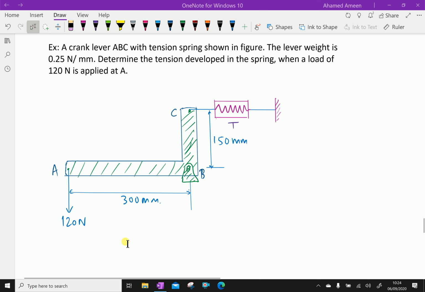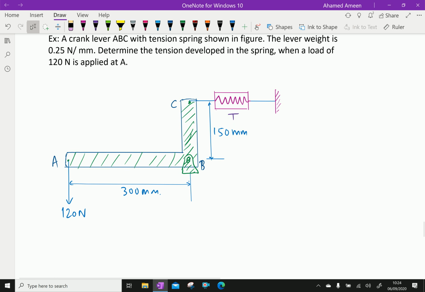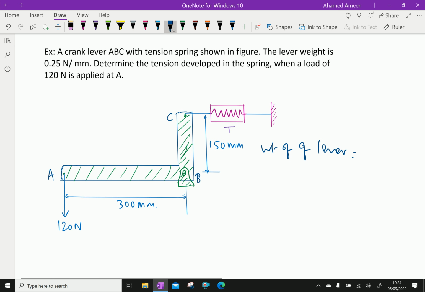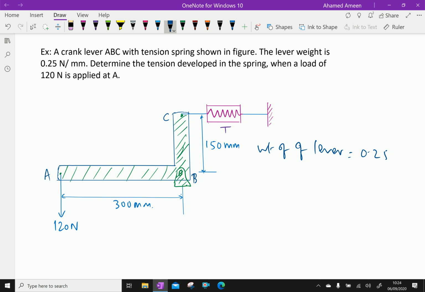Now, the weight of the lever is given, 0.25 Newton per mm.